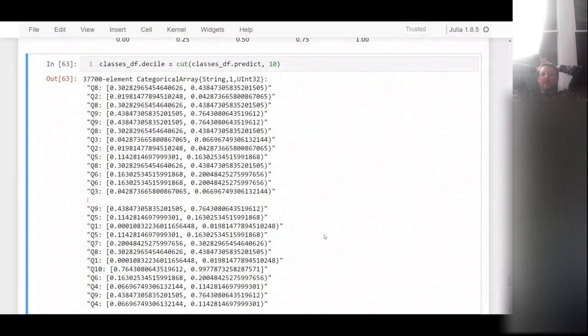Finally, last interval has top 10% of predictions. Is it clear? So in a sense, I have cut my population into 10 groups. Each group has increasing value of prediction.